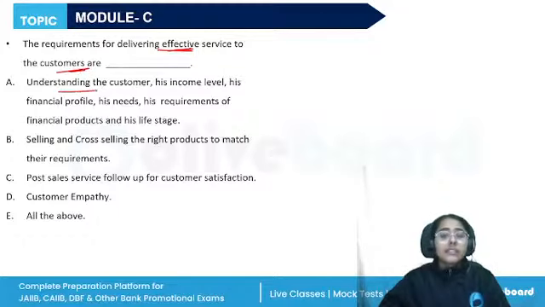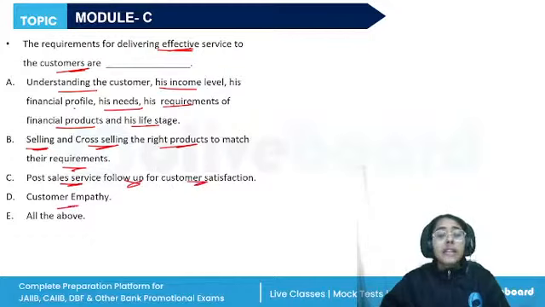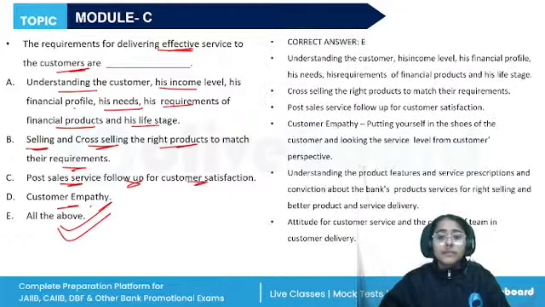They should understand the customer, their income level, financial profile, needs and requirements of the financial products and the life stage. They should also sell and cross-sell the right products to match the requirements. Post-sale follow-up for customer satisfaction and customer empathy should also be there. So the correct answer will be E. All of the above are the requirements.